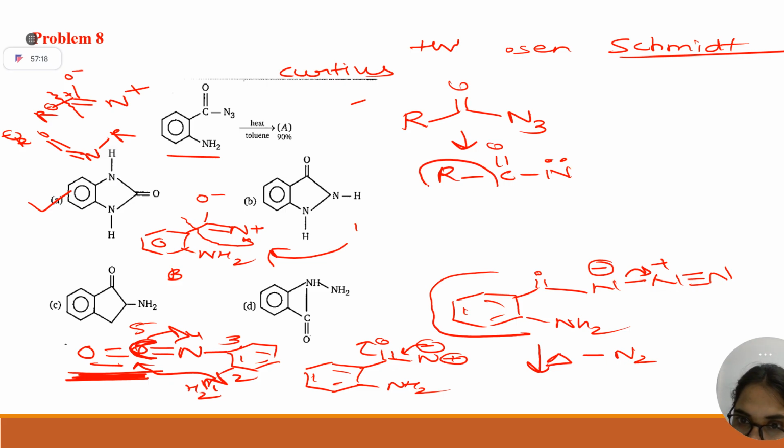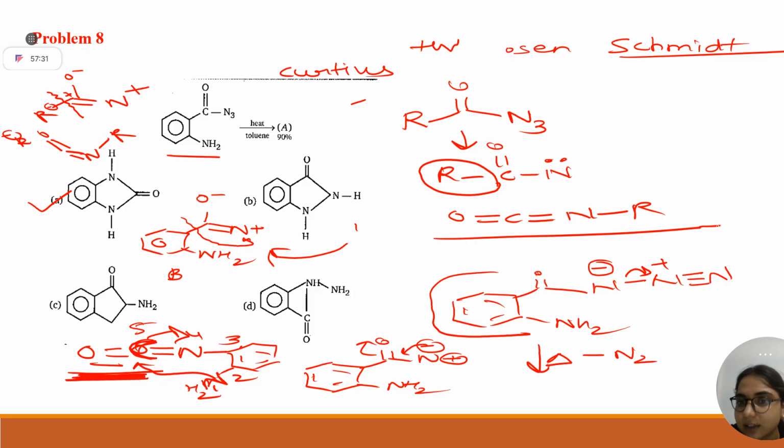Just whatever group is attached to your carbonyl, migrate that group to your nitrogen and make this isocyanate. You can directly jump from this amide intermediate to this isocyanate. You just have to migrate this R group to nitrogen and make this isocyanate. Can you do this?